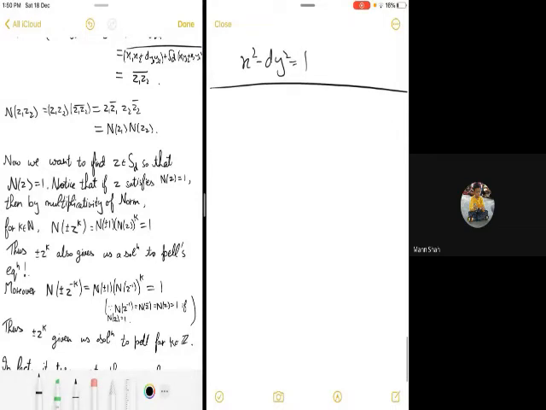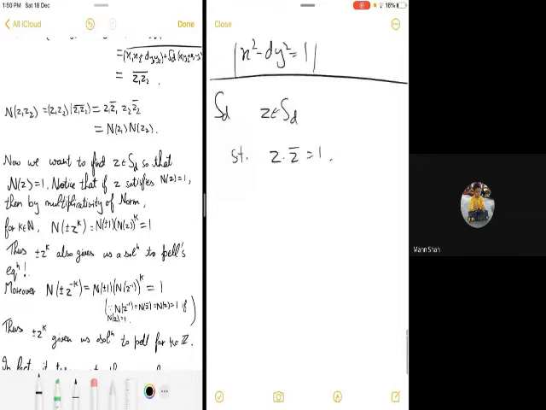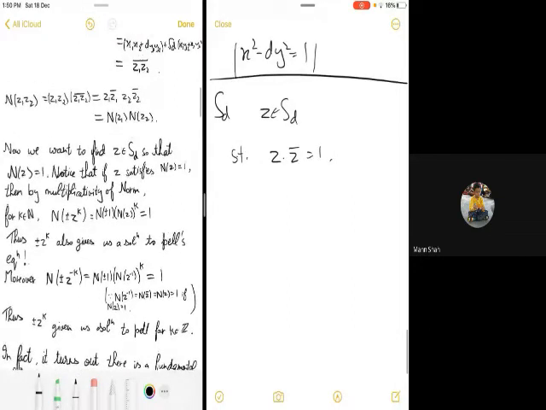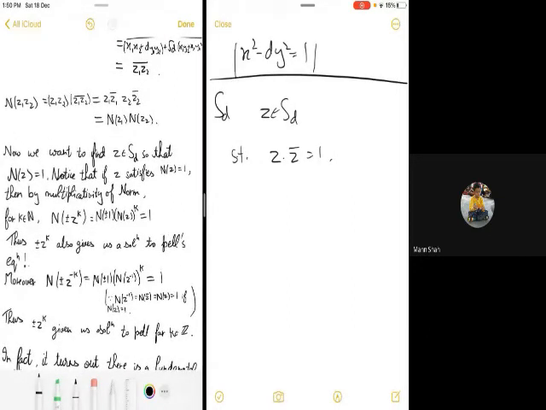We want to figure out what type of solutions this equation has. So in terms of S_d, we want to find z so that z times z conjugate is 1. Suppose I find one such z, a solution which satisfies this.